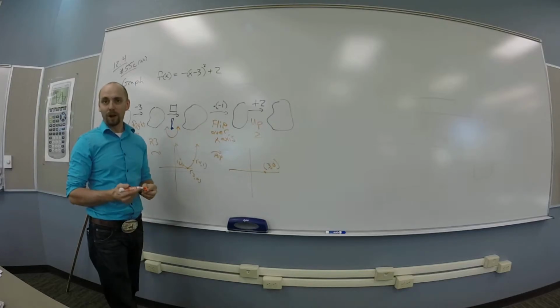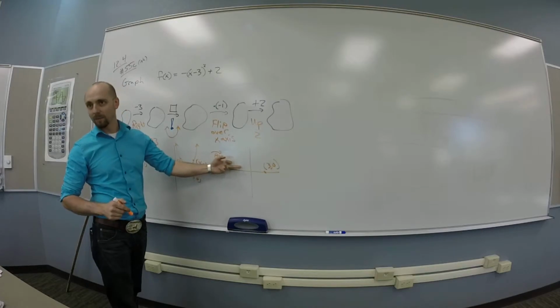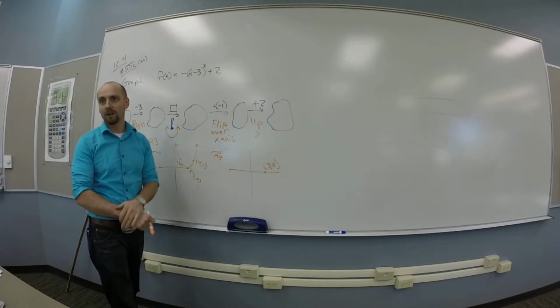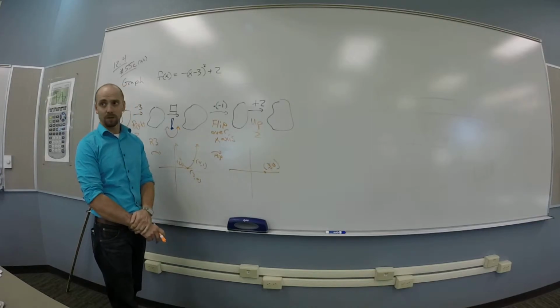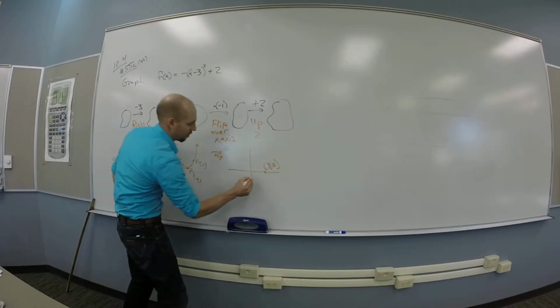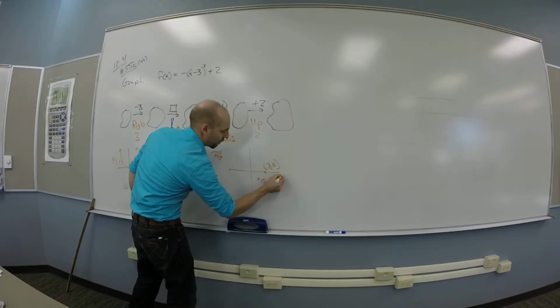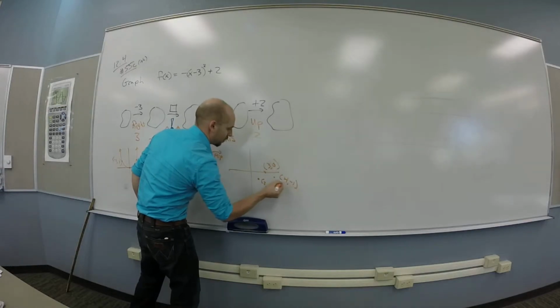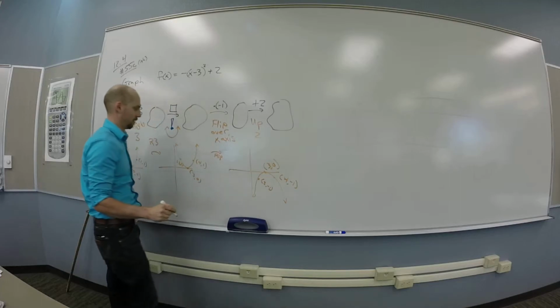But this is flipping over the x-axis, so I'm on this line and I'm rotating the picture around it, so it stays there. How about the other two? Where do they go? 2, -1, and 4, -1. Awesome. So there's my parabola again.